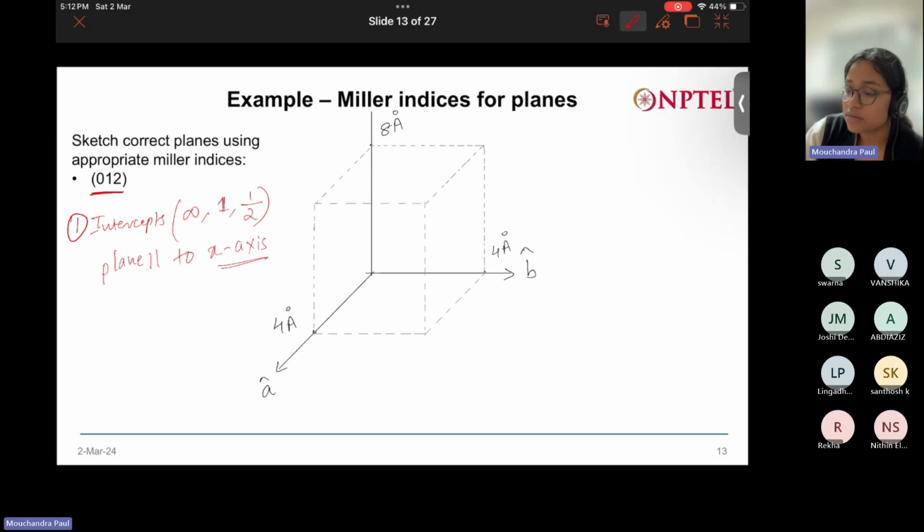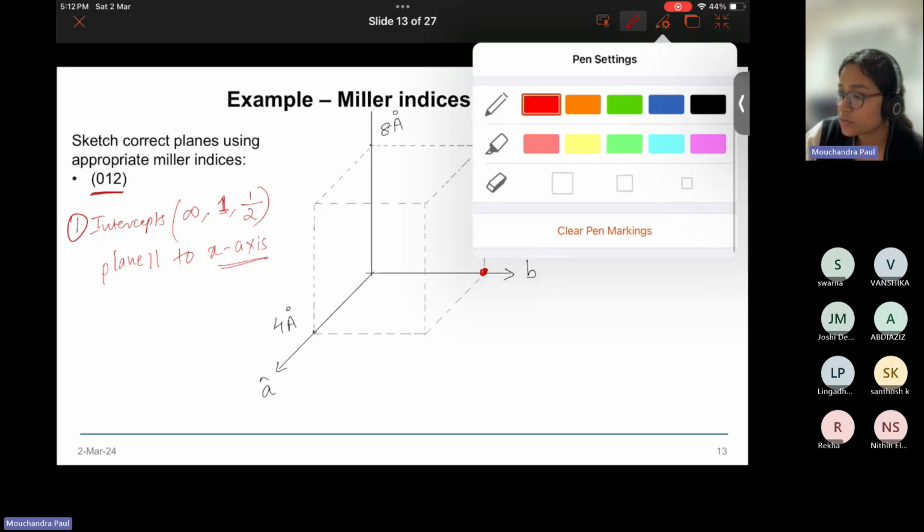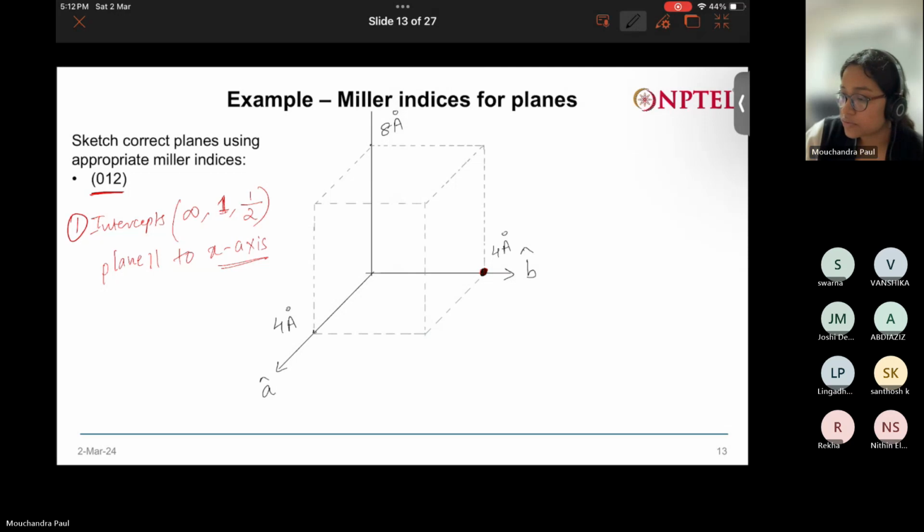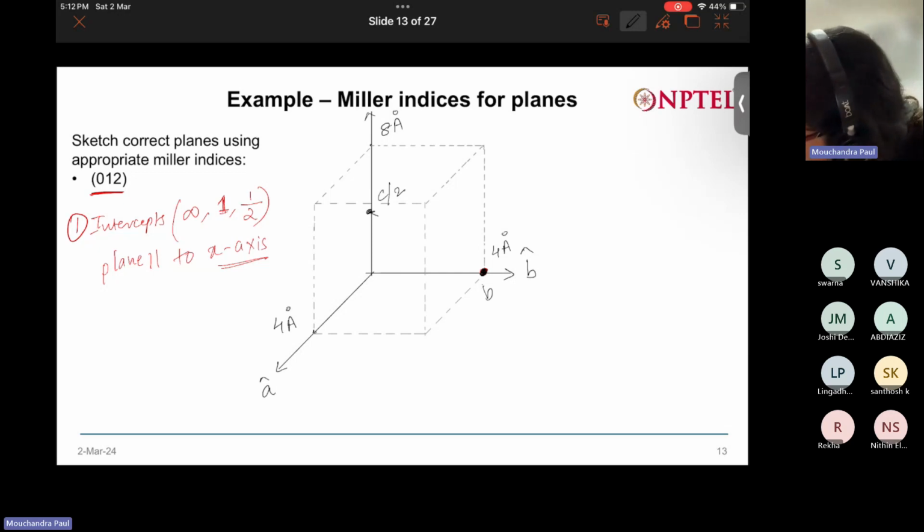B is 1 along the b axis. The intercept is 1, so this will be your point. And along the z axis, the intercept is half of c, so c by 2. Now you got two intersection points.